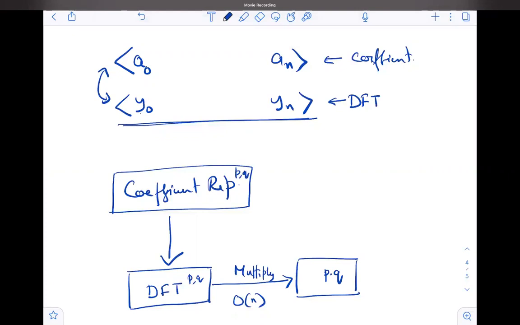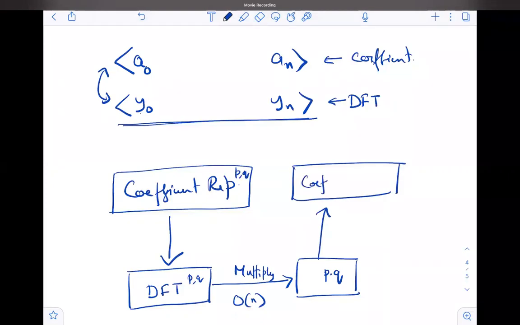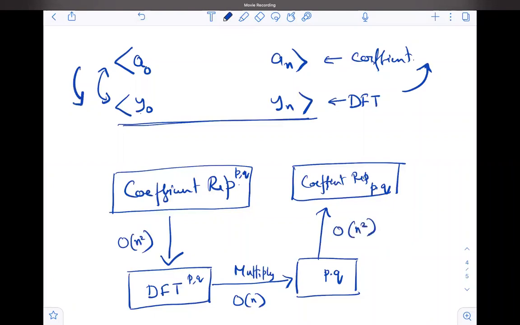I want you to go back to the coefficient representation for P times Q. So this is one direction, the forward direction, and this is the backward direction. Till now we have seen that this can be done in order n square, this can be done in order n, and this takes order n square. So the whole thing takes order n square, right?